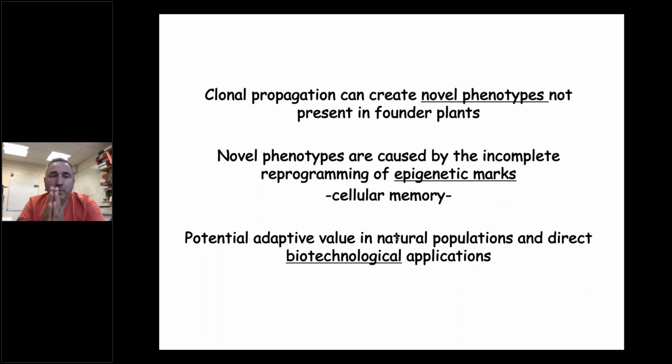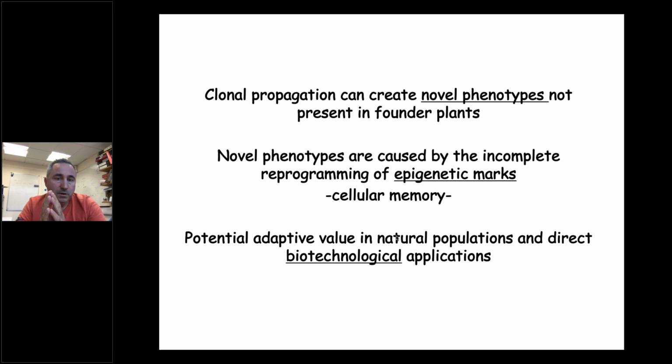So just to wrap up, what we have found and others have found is that clonal propagation can generate novel phenotypes that are not present in founder cells. Some of the causes could be genetic, but we have evidence that there is a large epigenetic component in the creation of these phenotypes.